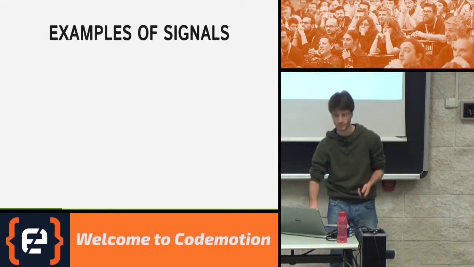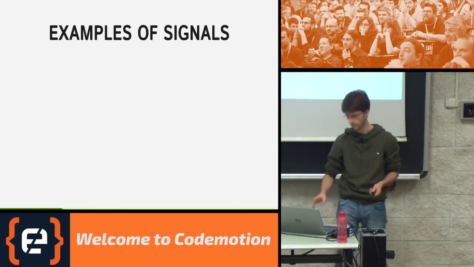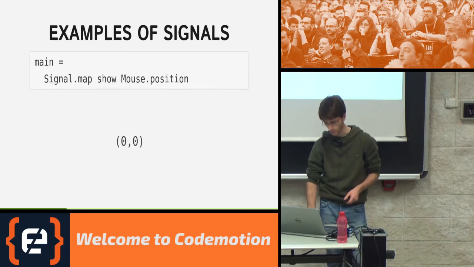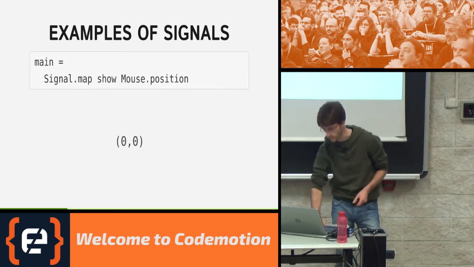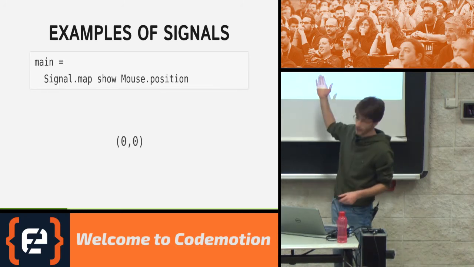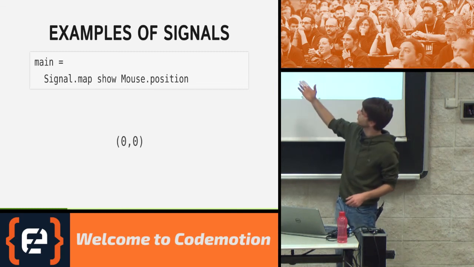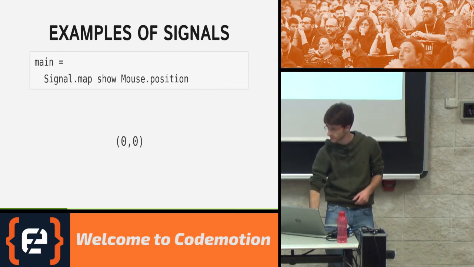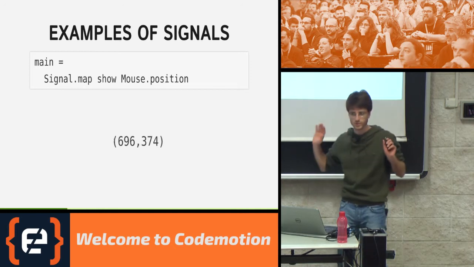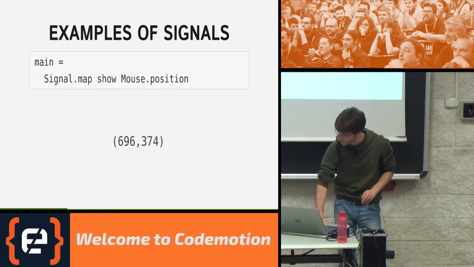Well, let me give you some examples to make this concept clearer. Maybe the easiest example is the mouse position. This is Elm code. We just want to show the position of the mouse. If I go with the mouse there, you see the program, with nothing else, is showing the position of the mouse.